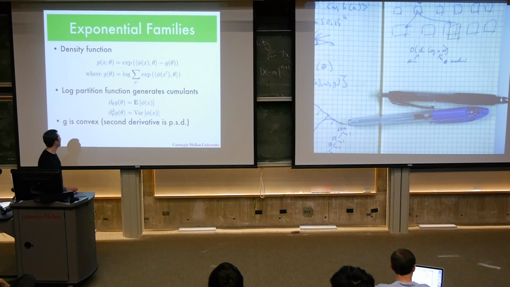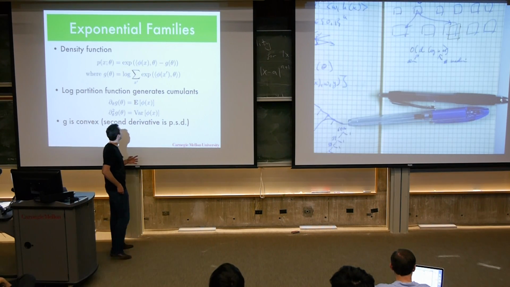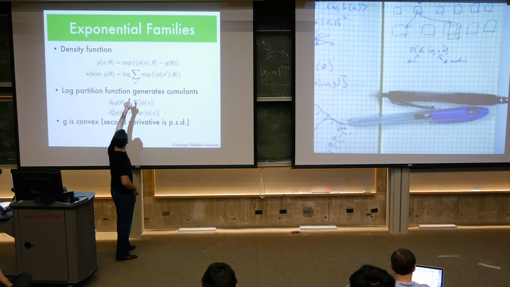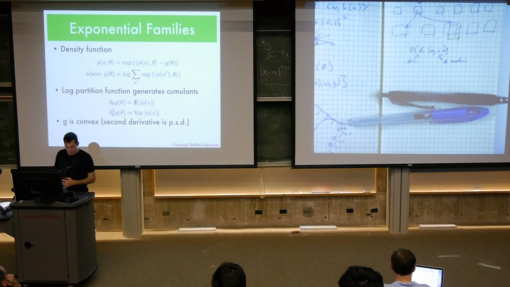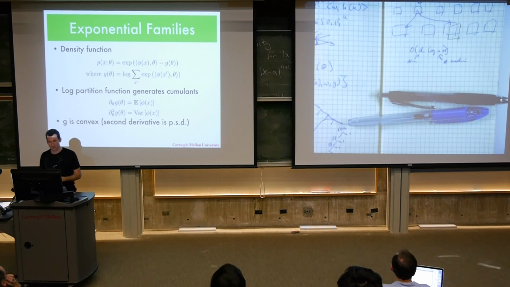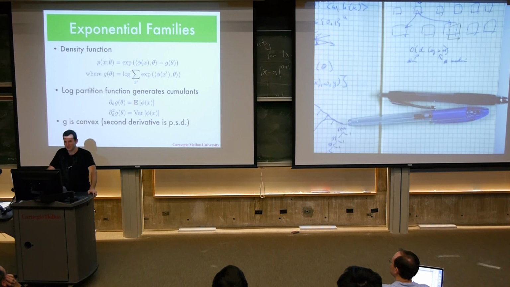Basically, they're all members of what's called an exponential family, and they are given by p of x parameterized by theta, given by e to the inner product between phi of x and theta, minus g of theta. Okay? So does somebody have an idea what this g function does? It normalizes, yes.